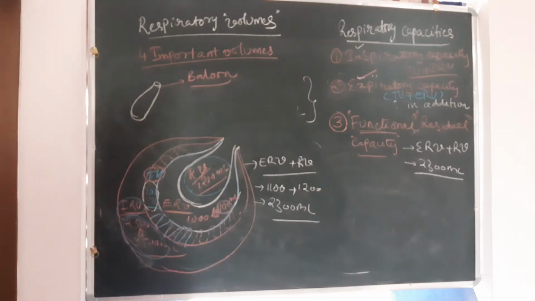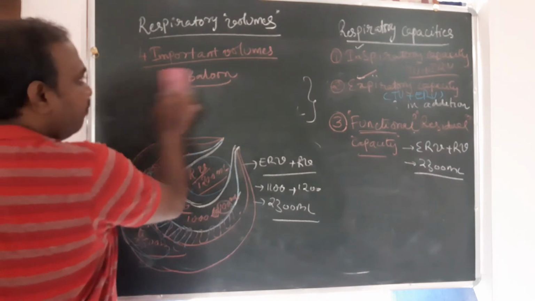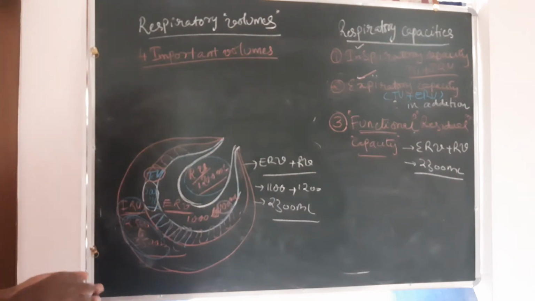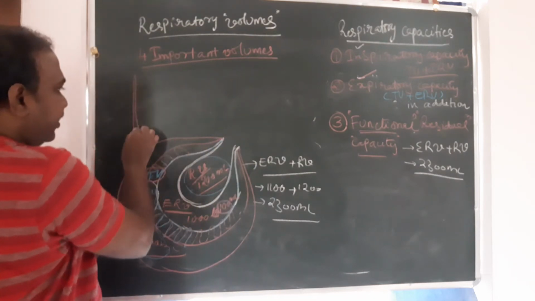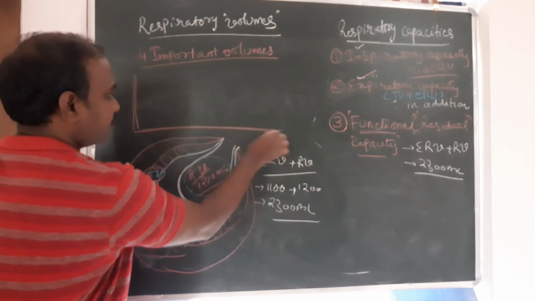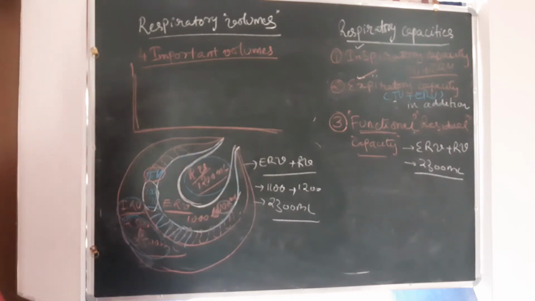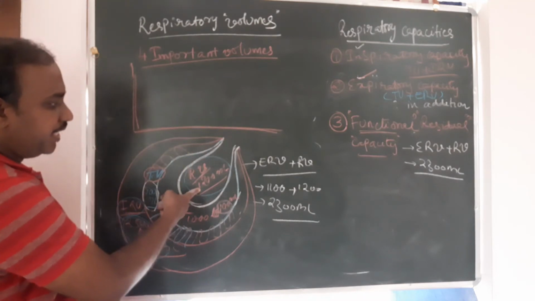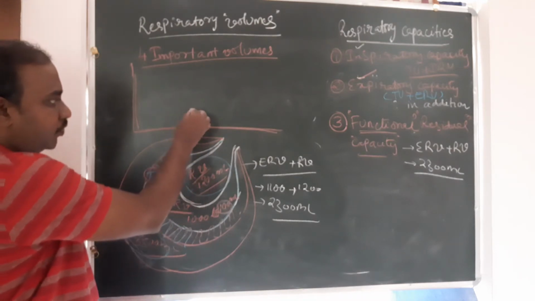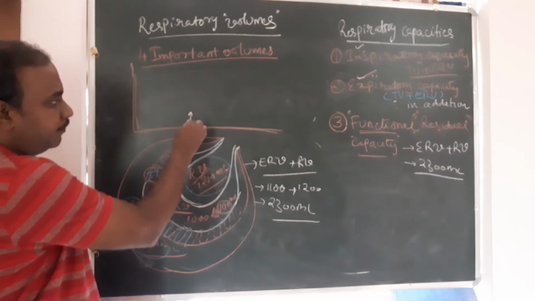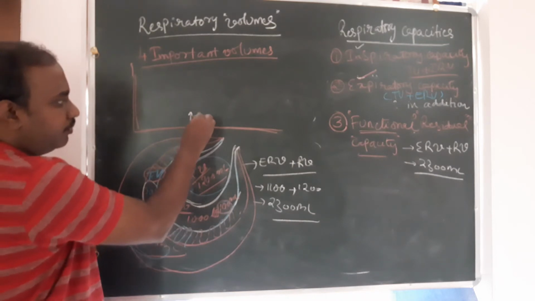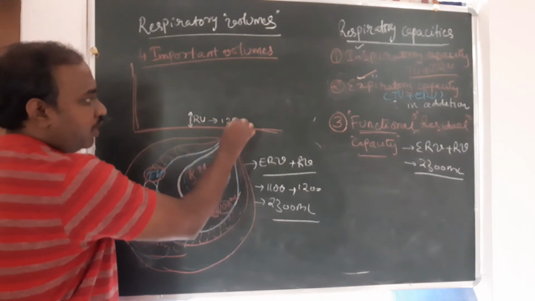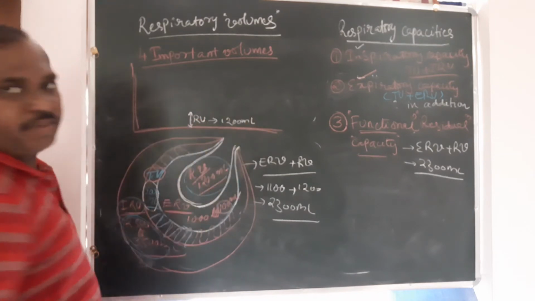I'll just erase this. The same thing I'll represent in a graphical pattern for you, so that it will be elaborately clear. So we are taking two axes here. From the bottom, how much air is always there in the lungs? So I'm taking one volume here. That is RV, the air that is always present, 1200 ml.